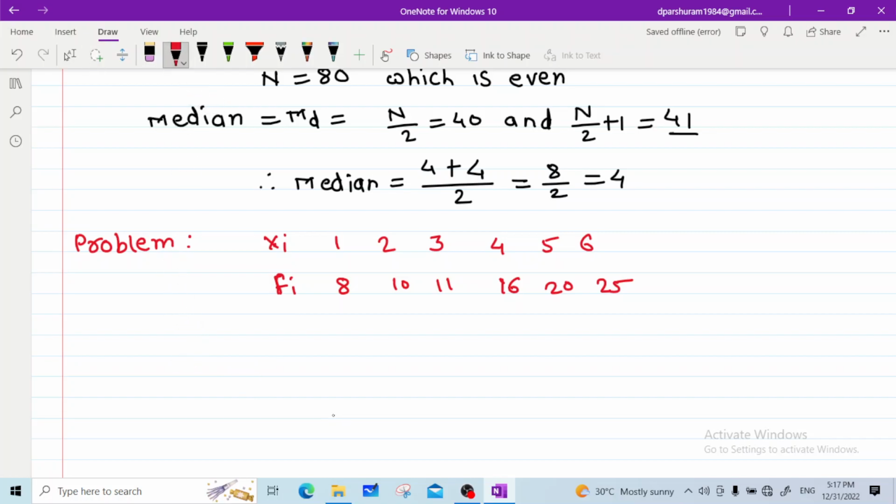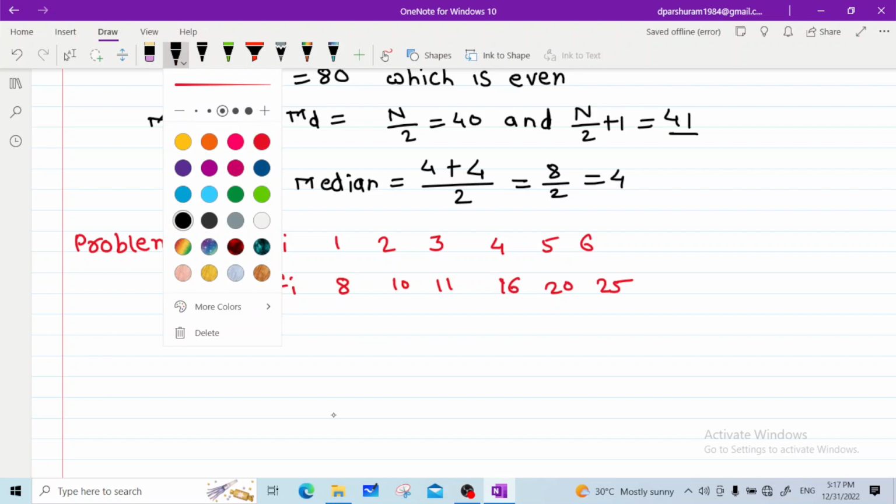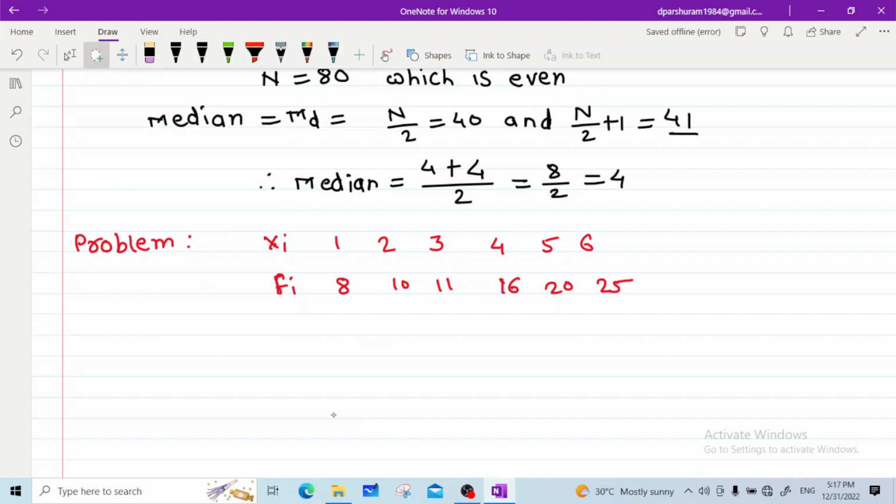Solution of this example: xi, fi and capital Fi, that is our cumulative frequencies. Write down the values of xi: 1, 2, 3, 4, 5, 6. Frequencies are 8, 10, 11, 16, 20, 25.